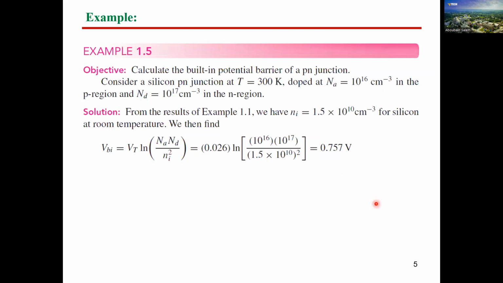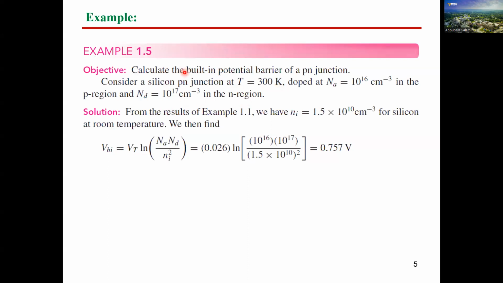let's solve this example together, guys. In this example, we need to calculate the built-in potential barrier of a PN junction. Consider a silicon PN junction at room temperature, 300 Kelvin, doped with Na acceptor equal to 10 to the power 16 per cubic centimeter, and the N region is doped with Nd equal to 10 to the power 17 per cubic centimeter.